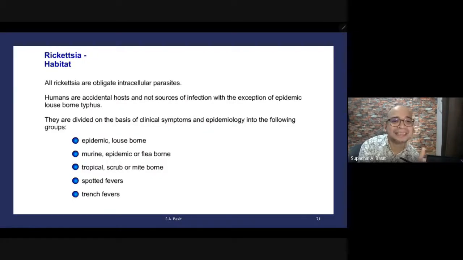All Rickettsia are considered obligate intracellular parasites. Humans are accidental hosts and we are not sources of infection, with the exception of epidemic louse-borne typhus. Louse-borne typhus is kuto in Tagalog.